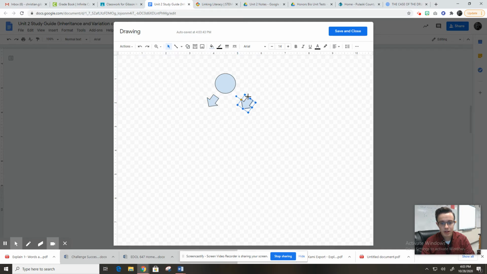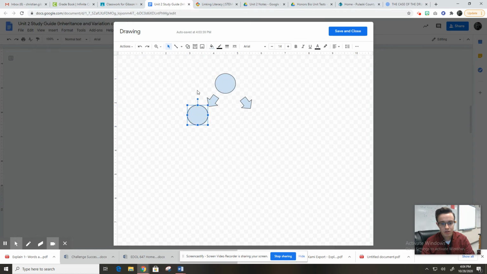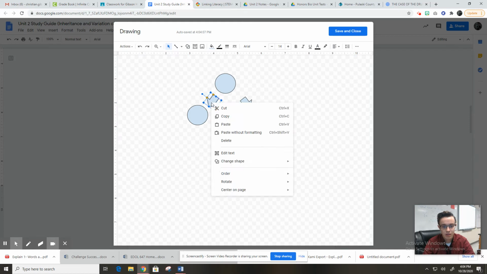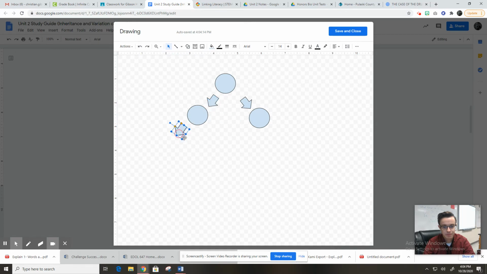Okay, move these guys around. Ooh, that was weird. Okay, and then those two cells then divide into two more cells.